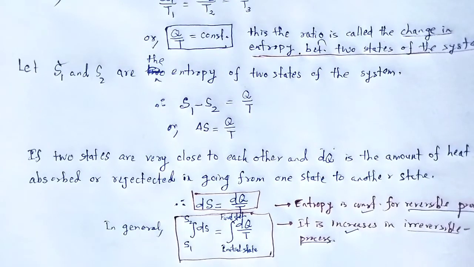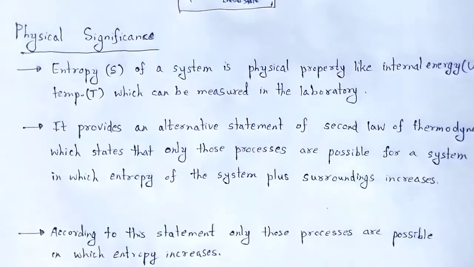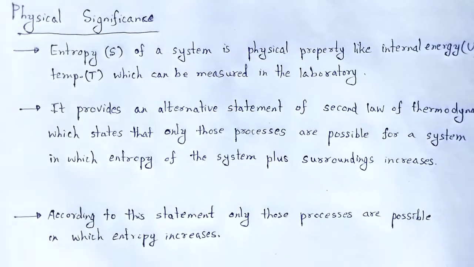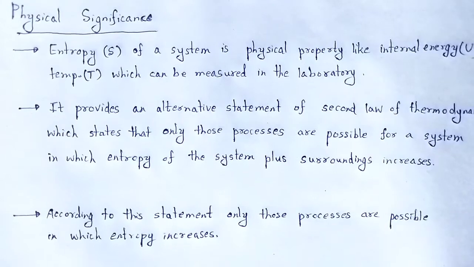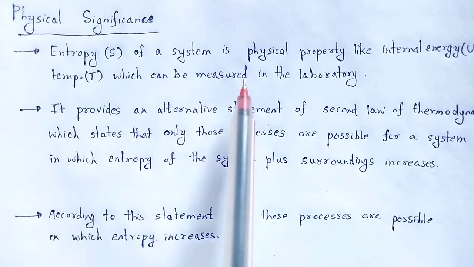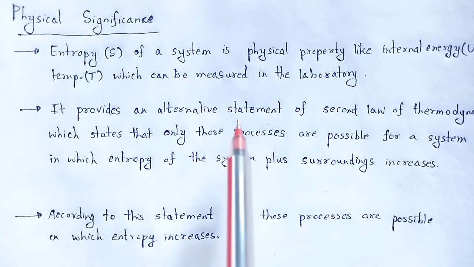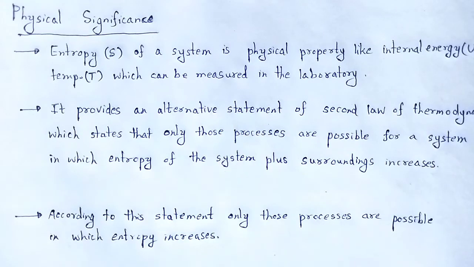Now what is the physical significance of entropy? It has many physical significances. The entropy S of a system is a physical property like internal energy and temperature, which can be measured in the laboratory.